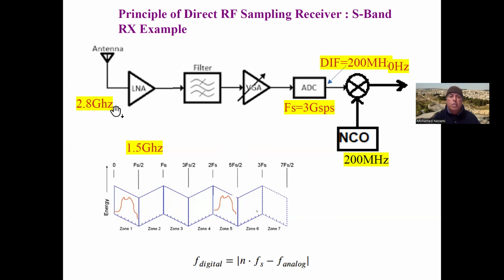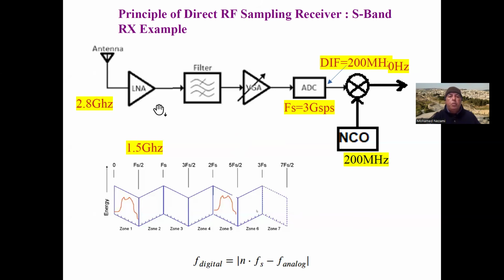We have to design this chain just like we did conventional heterodyne and high IF sampled receivers, meaning we have to design it based on the required signal to noise ratio at the demod on this side, the third intercept point, the second order intercept point, the linearity of the front end, the sensitivity, the noise figure, the overall gain, the image rejection, and so forth. All of these will have to be incorporated.